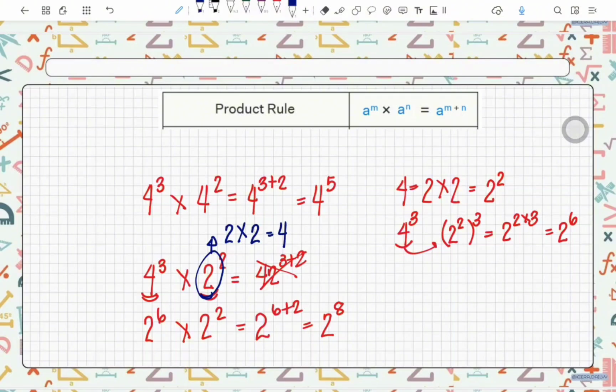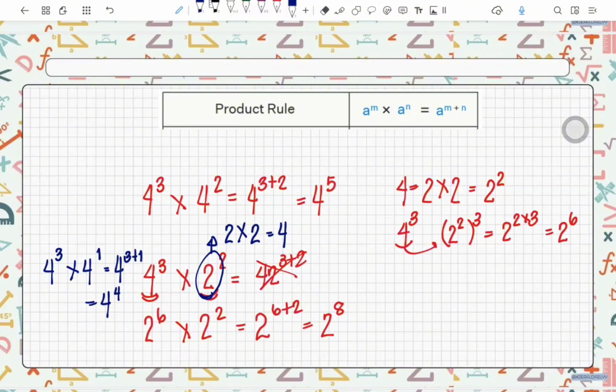And if a number has no exponent, or you cannot see an exponent, it is not 0. It is 1. So we will have 4 to the third power times 4 to the first power, which is equal to 4 to the third plus 1, or 4 to the fourth power.